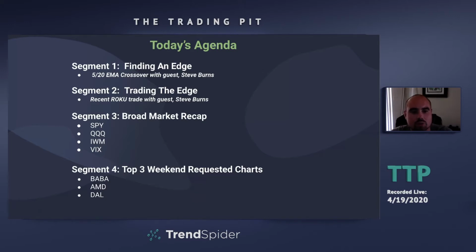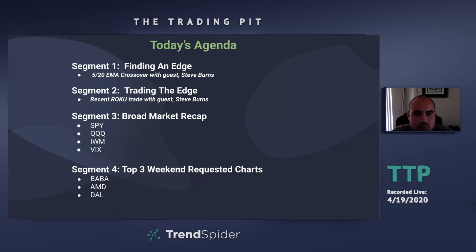Then in the second half of the show, as always, we're going to do a broad market recap, go over some of the broad market ETFs, SPY, QQQ, IWM, and take a look at VIX. And segment 4 is going to be, as always, the top 3 requested charts this weekend, which were BABA, AMD, and Delta.